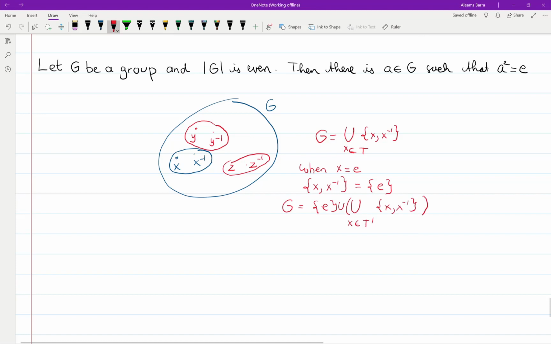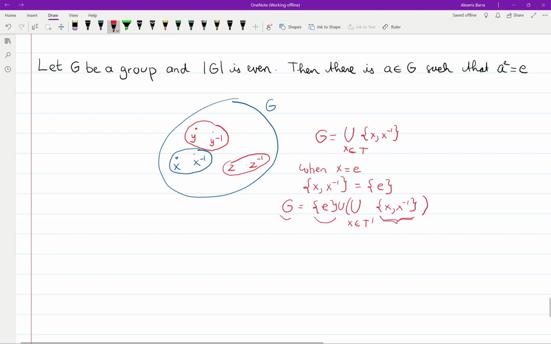Now, if none of these sets is a singleton for any X in T prime, then each of them has two elements.